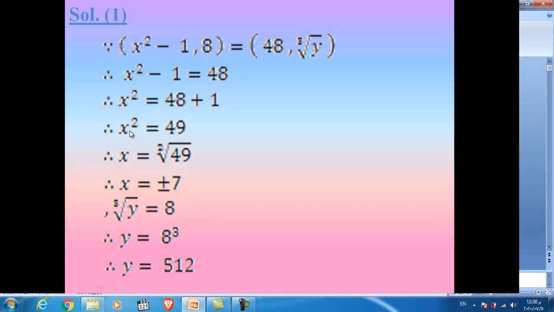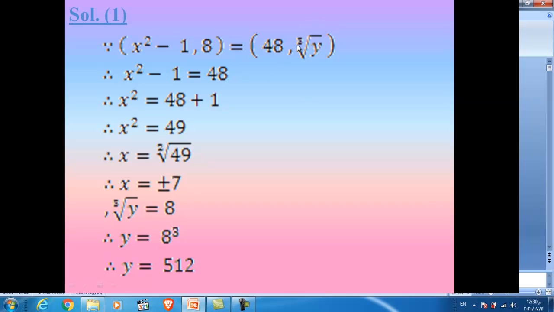Now we want to get x, and here is power 2, so we will take the square root for the two sides. The square root of 49 equals 7, and remember that we have to write positive or negative. So x equals positive or negative 7.